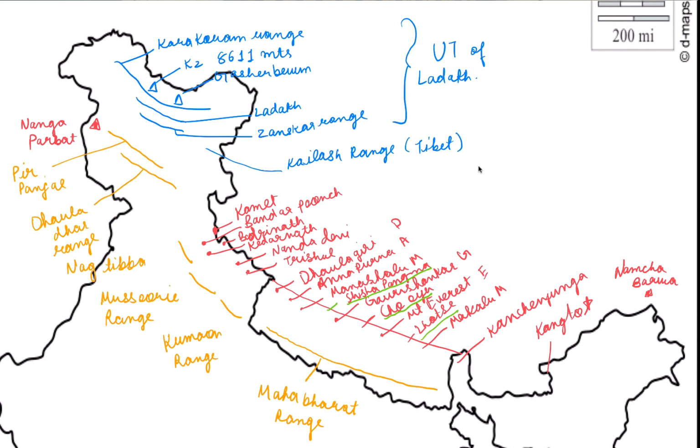So I'm just going to mark the line right here indicating that this is where Shivalik is. It actually extends up to the northeast India, but the ranges and the important peaks in the northeast India are to be studied separately state wise. So I'm going to make a different video of that.